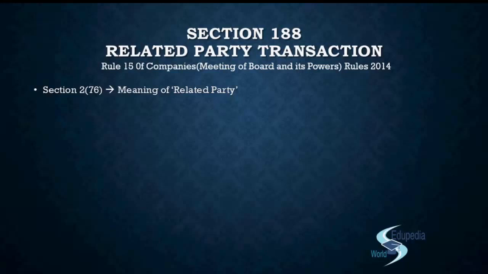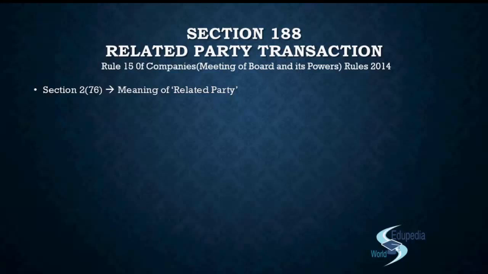Now apart from them, if there is any other body corporate on which the director or manager has certain control, which is to say, if we go by the definition specifically, it says any body corporate whose board of directors, managing director or manager is accustomed to act in accordance with the advice, direction or instruction of the director or manager. That is what the text of the definition says.